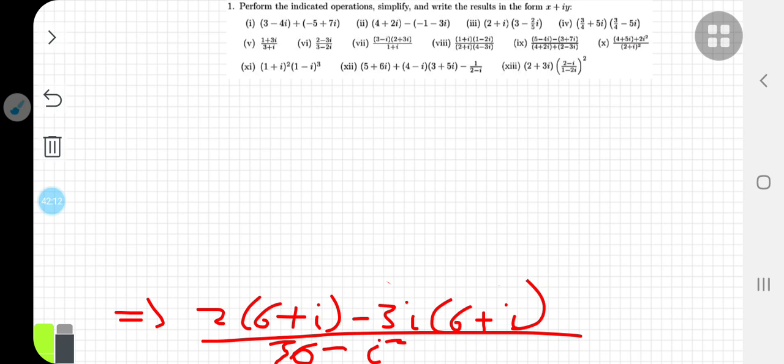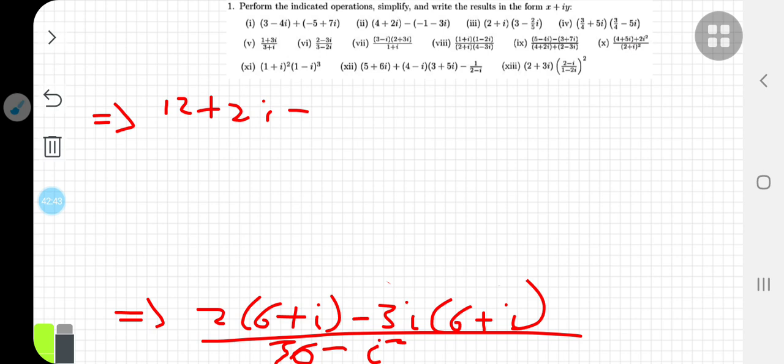From here now I'm going to have 12 there plus 2i there minus 18 there.